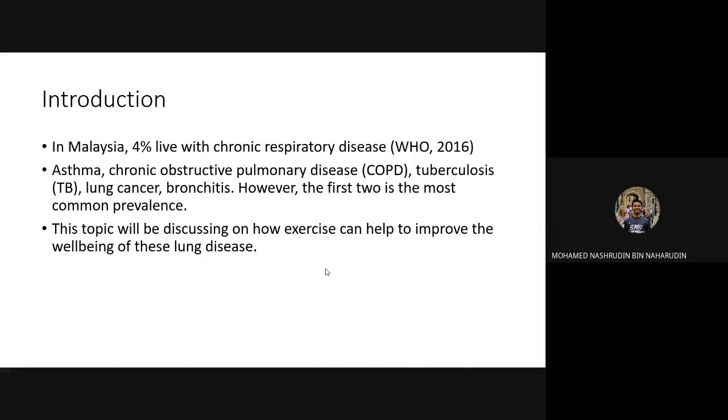Lung disease can be due to several illnesses listed in this slide, which are asthma, chronic obstructive pulmonary disease or COPD, tuberculosis, TB, lung cancer, and bronchitis.